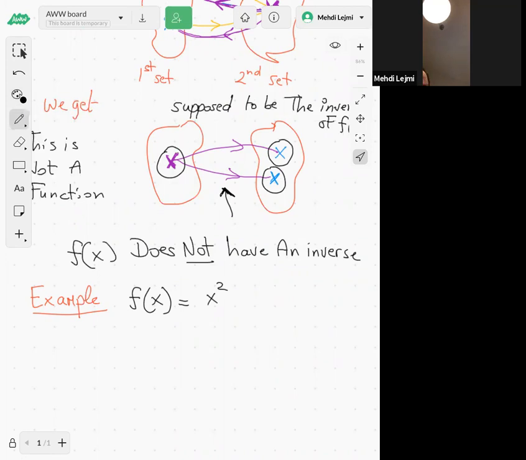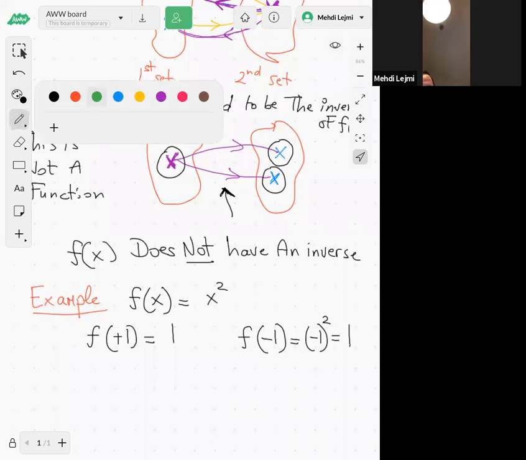So f of x equal to x squared, if you do f of +1, that will be +1 squared, so that's +1, right? And if you do f of -1, that's -1 squared, which is -1 times -1, which is also +1. So as you can see, guys, +1 and -1 have the same output, which is +1.